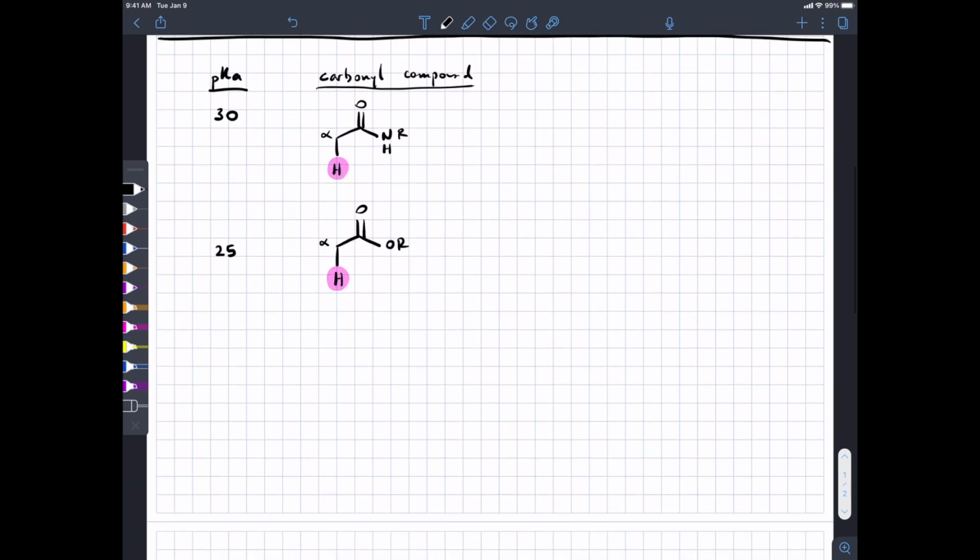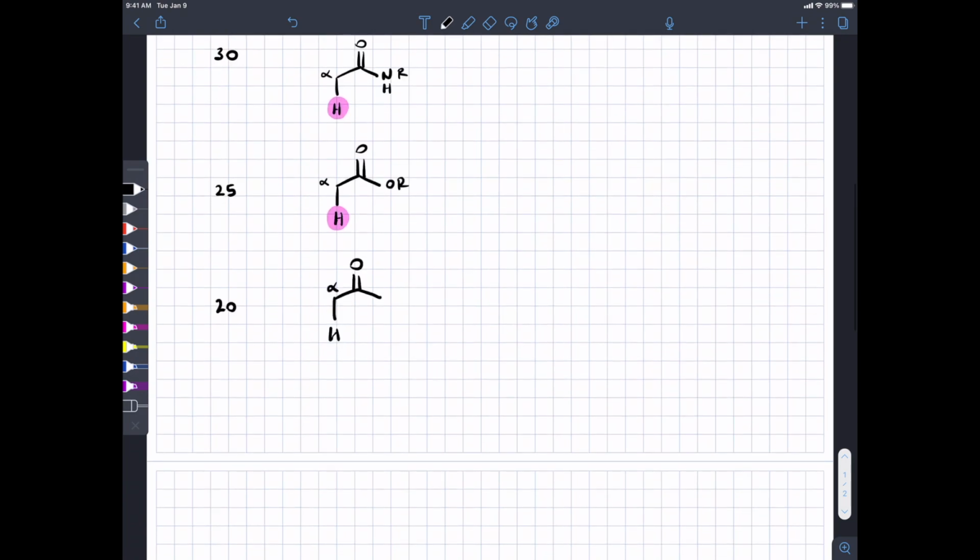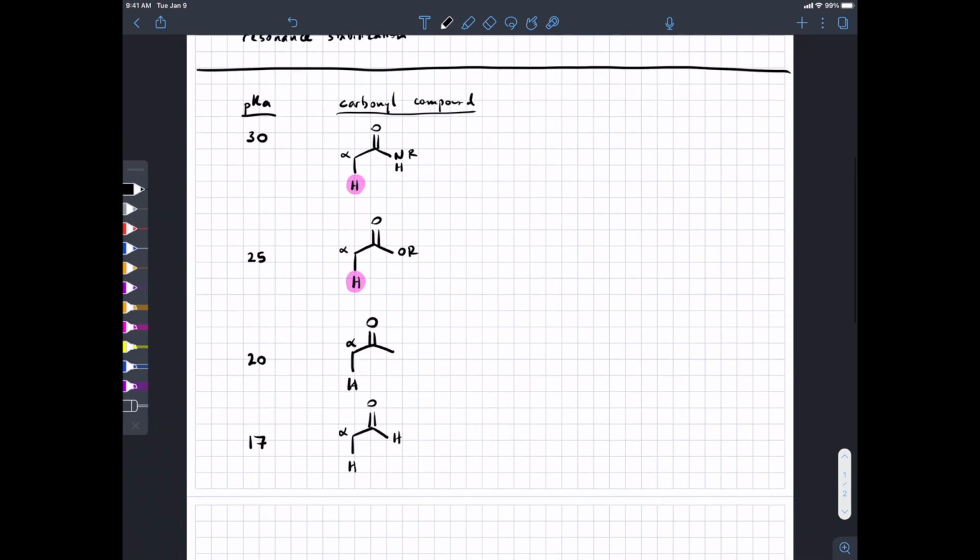And then we can continue to the ketone, where we've said the pKa is 20. And then the aldehyde, where the pKa is 17.